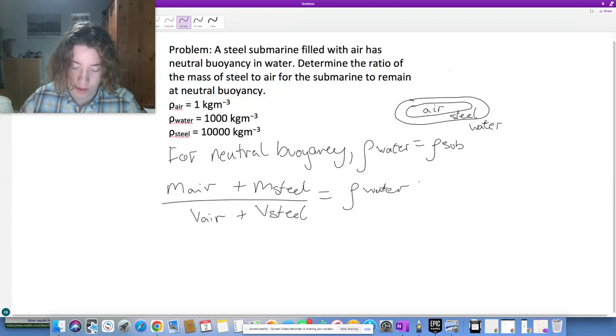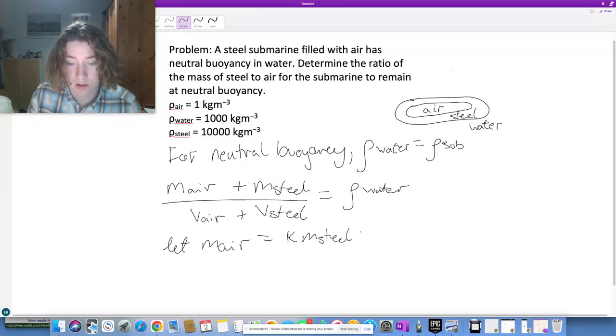Now, because they're masses, they're both constants, and we need to find the ratio between them. So an easy way to do this is to say, let m air be K times m steel. And so this K is the ratio of their masses.